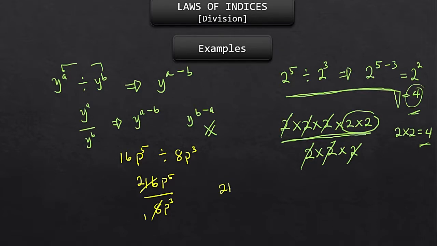So we have 2p raised to power 5 over p raised to power 3. And then we can just say 2p raised to power 5, since we have p and p, right? So you can just say p raised to power 5 minus 3. So 2p raised to power 2. So that's our answer. Very, very simple.